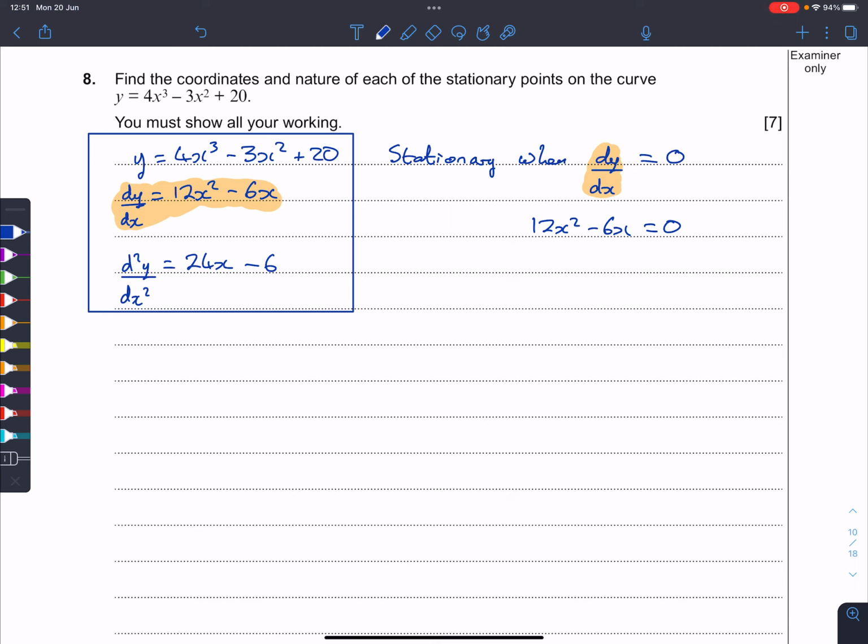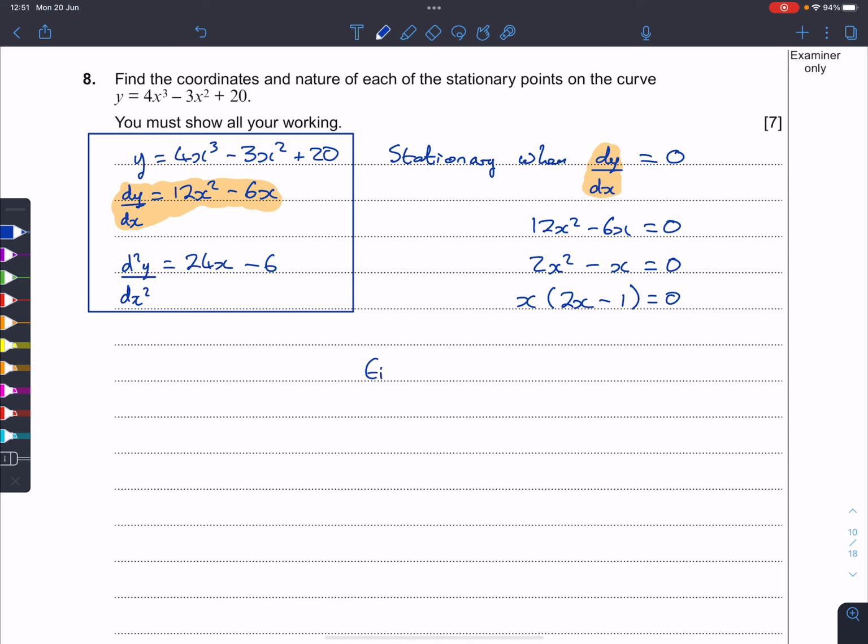I can divide everything by 6. That'll make things easier. 2x squared minus x equals 0. And then I have two terms, both of which have a common factor of x. So I can take x out as a factor: x(2x minus 1). So I now have a product that gives me 0. The only way I can have a product give me 0 is if something in the product is 0.